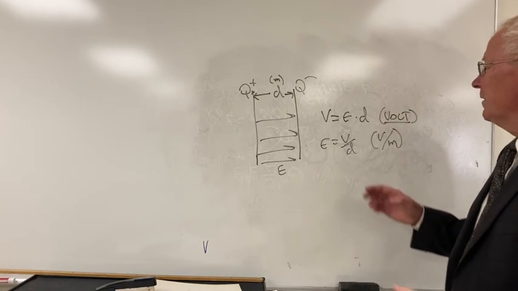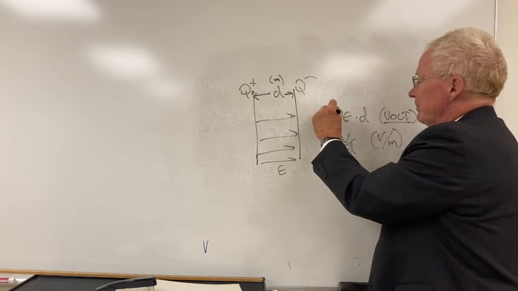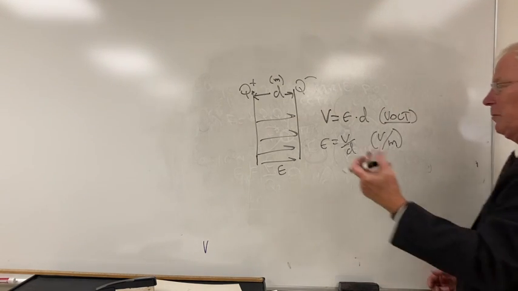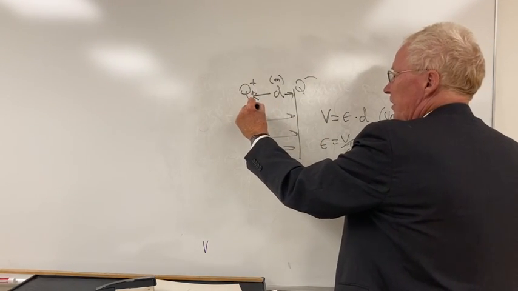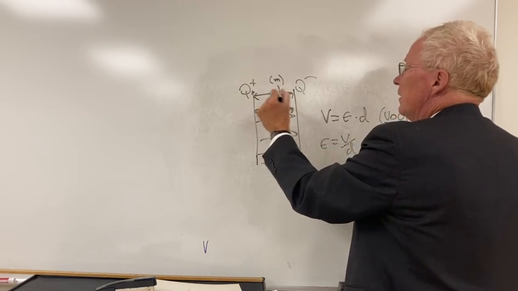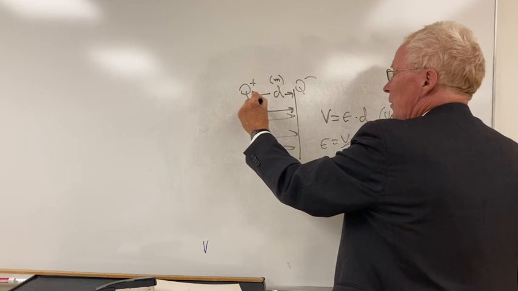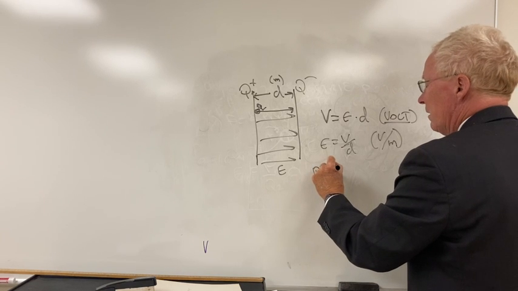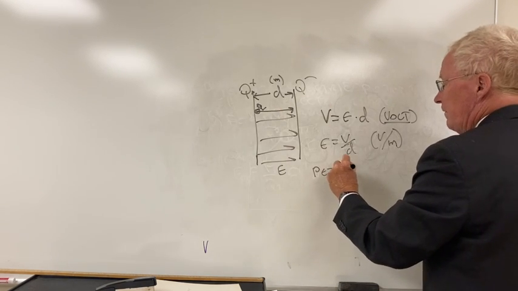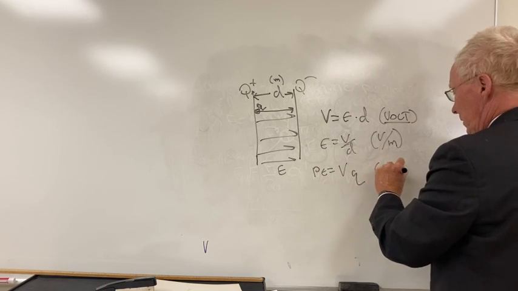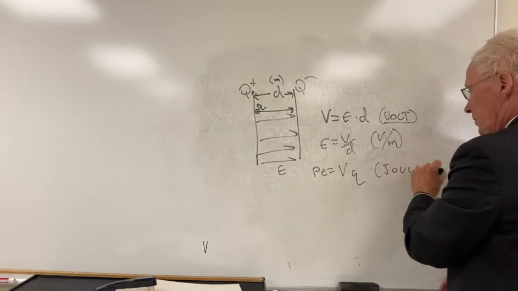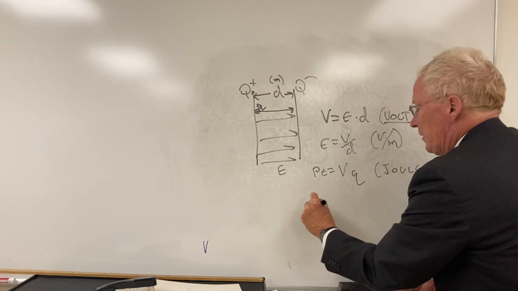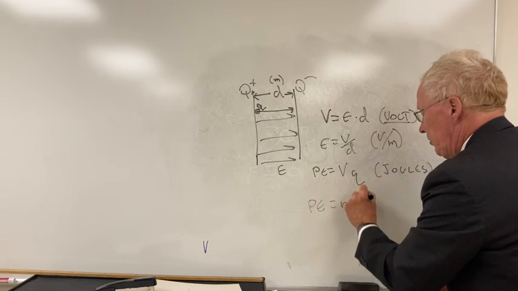What this means is, if we have a charge, put a plus charge here, it's going to get accelerated to the other side. So we put a plus some Q there. Then it will have a potential energy across of V times Q, which would be in units of joules. So this is potential energy for parallel plates, much like we have potential energy of gravity, which is mgh.